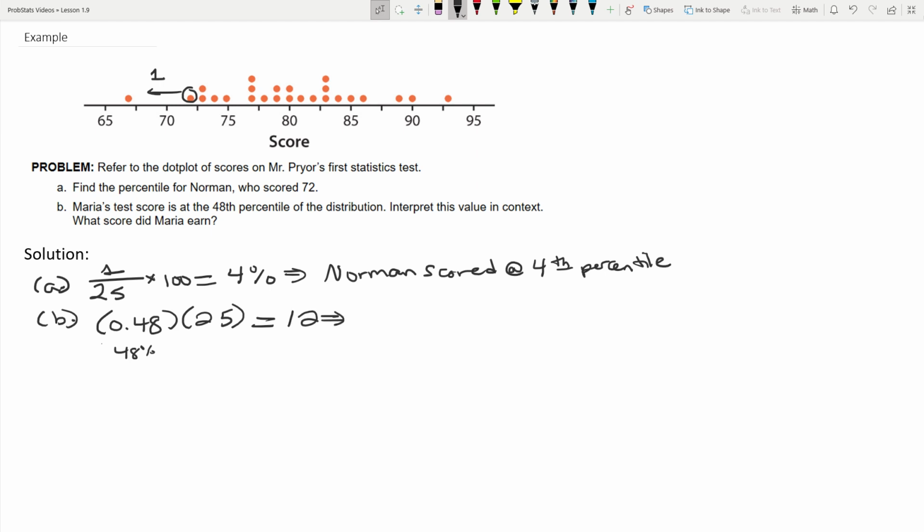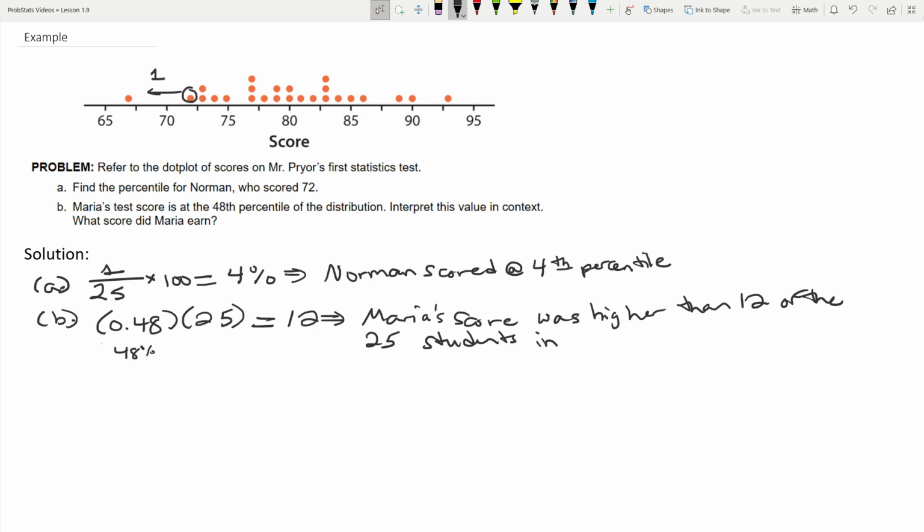So what does that mean? Well, this means that Maria's score was higher than 12 of the 25 students in the class.